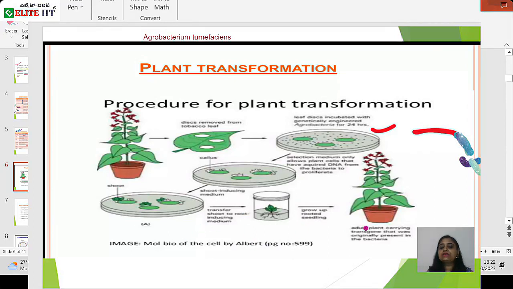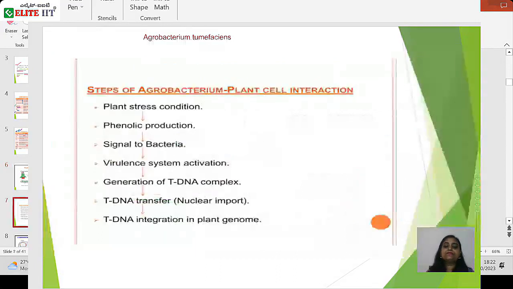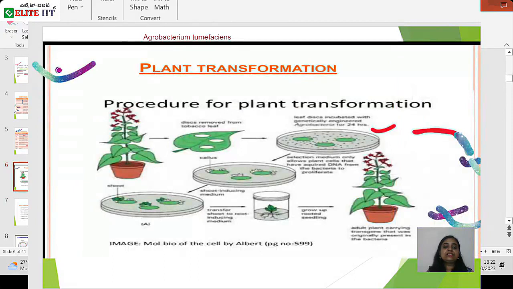So in this way, you can grow it, and you can get the genetically engineered plant. Okay, now see steps of agrobacterium plant cell integration. So this thing I have discussed, how agrobacterium is utilized for genetic engineering purposes.